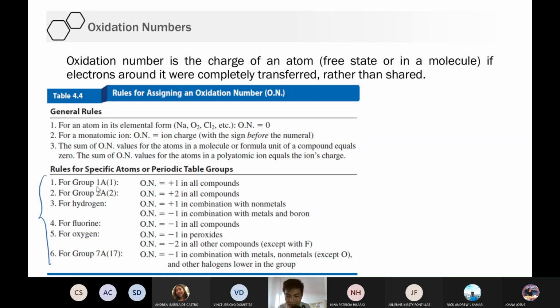There's nothing about nitrogen, so we will let it be X. How about oxygen? There is. If peroxide, negative 1. Everything else, negative 2. Again, for oxygen, if peroxide, negative 1. Anything else, negative 2.